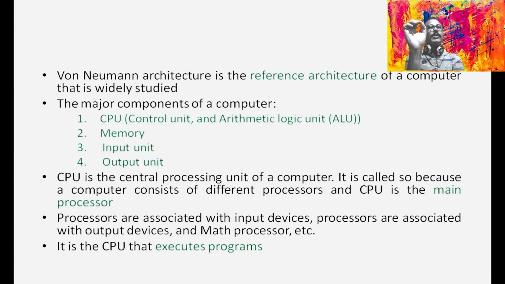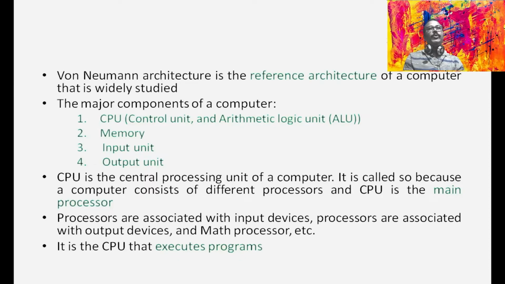There will be a number of processors. The one which is used to execute the programs is called the CPU, or central processing unit. So it is the main processor. That's why it is called the central processing unit.